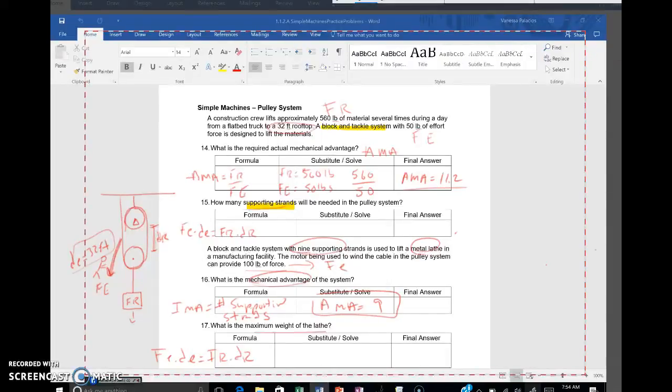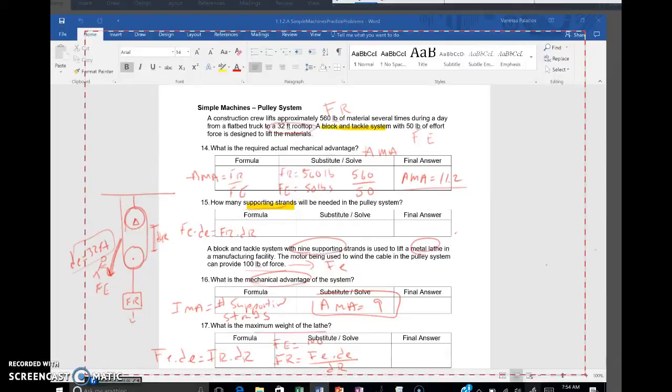So we know our FE will equal 100 pounds, and we're trying to solve for our FR, which is our maximum weight. So FR would be equal to FE times DE all divided by DR.